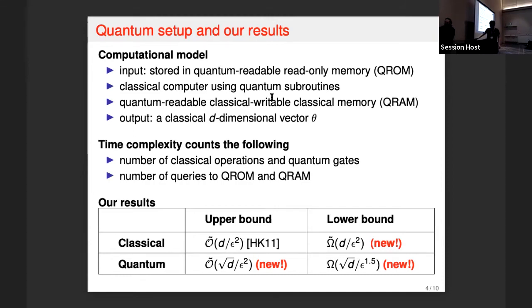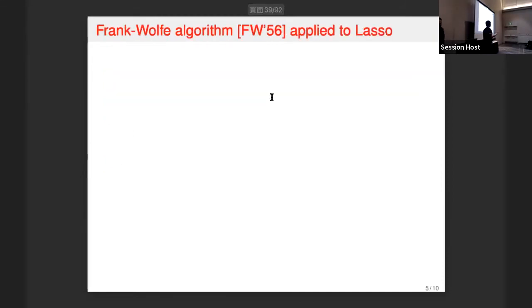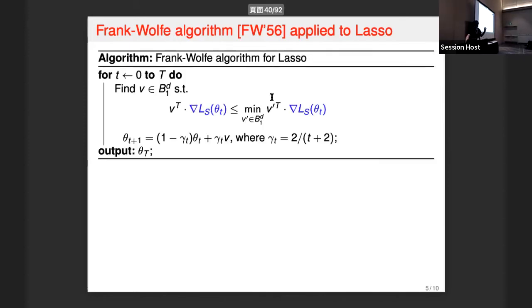Our quantum algorithm is based on a classical convex optimization algorithm, the Frank-Wolfe algorithm, and that's how it applies to Lasso. In Lasso, we run a specific subroutine many times, say capital T times. In each iteration, we find the vector phi that minimizes its inner product with the gradient of the loss function at theta t, where theta t is the previous candidate.